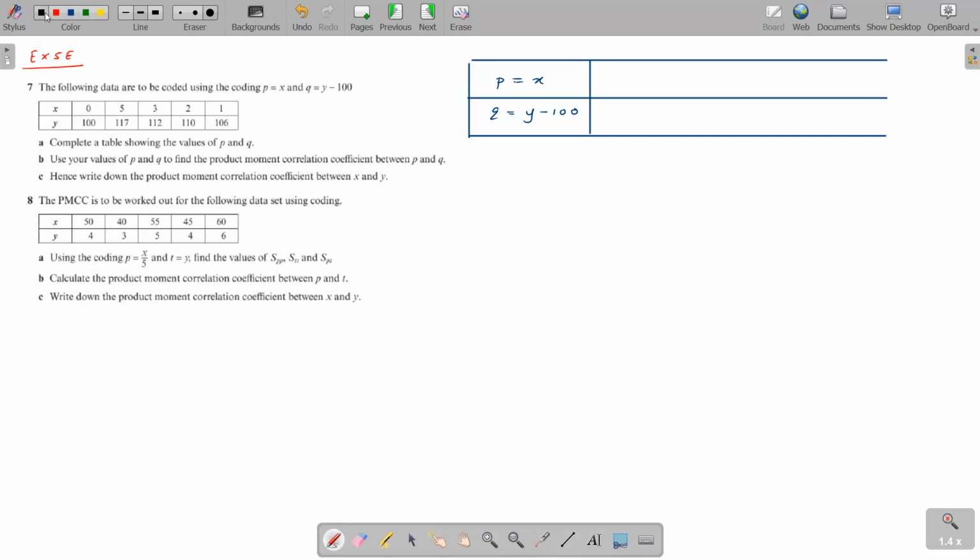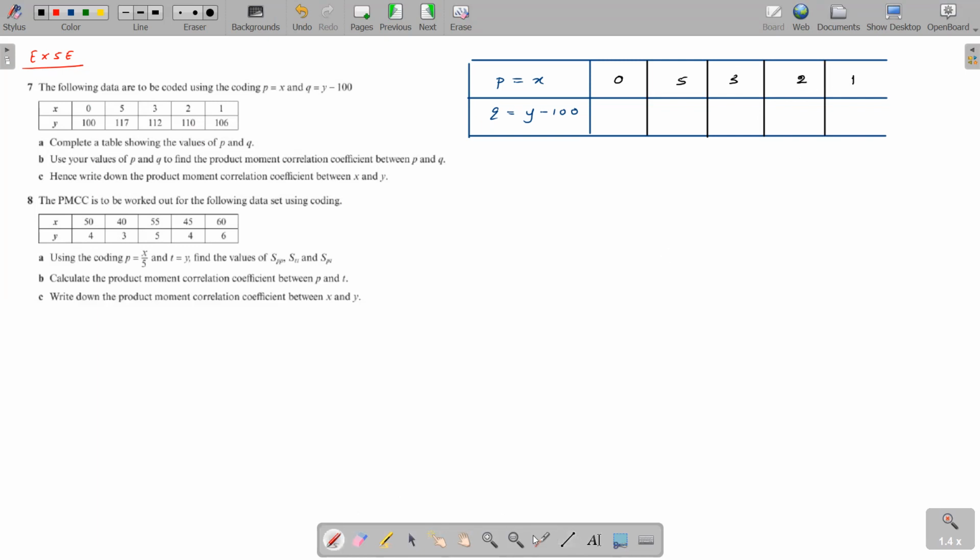So here P is 0, that's the first one. The next one, the P value is 5 because X and P are equal. And the next one, the P value is 3. I don't need to do anything special here because the X and P values are equal to each other. All I have to do is write them down.